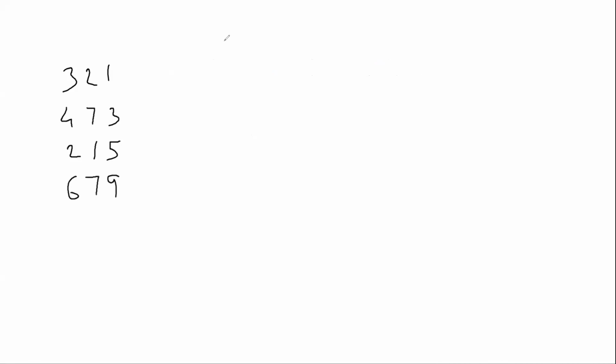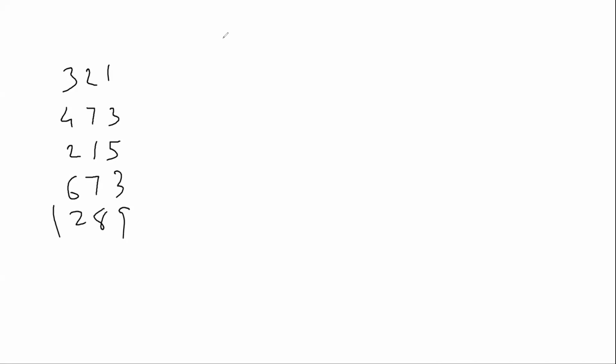Just make it 673. And one more thing, do these numbers always have to be of the same digits, the same size? No, it doesn't have to be. Okay, so I'll just take 1, 2, 8, 9.